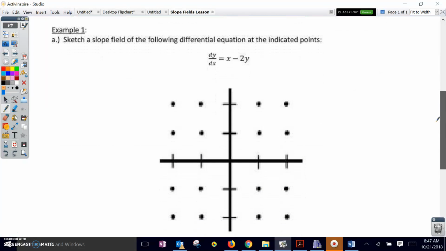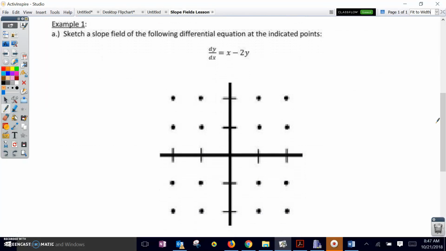Basically, what we have here is a differential equation. And if you remember, the derivative represents the slope of a particular function. So if we sketch all of the possible slopes using this differential equation, the picture that we'll see is a kind of map that shows what the whole family of antiderivatives looks like.